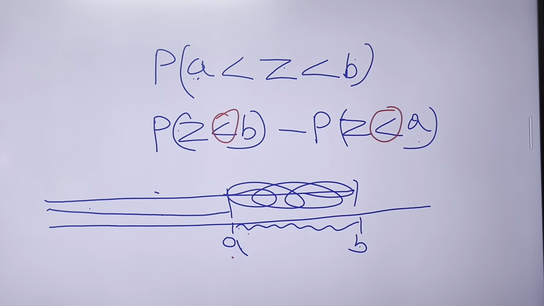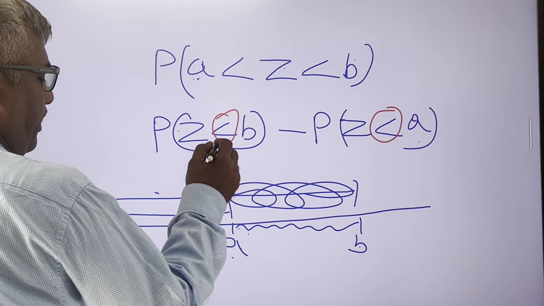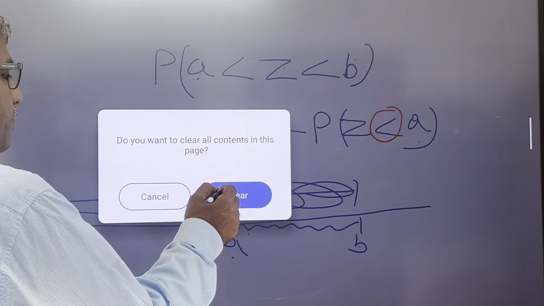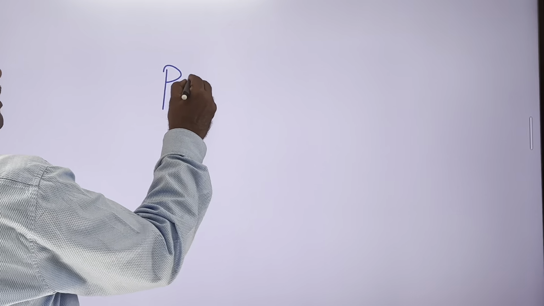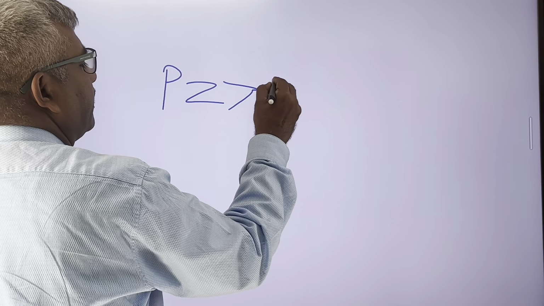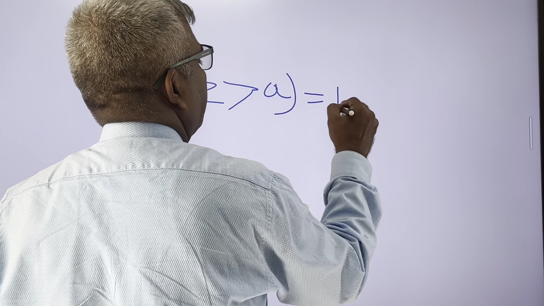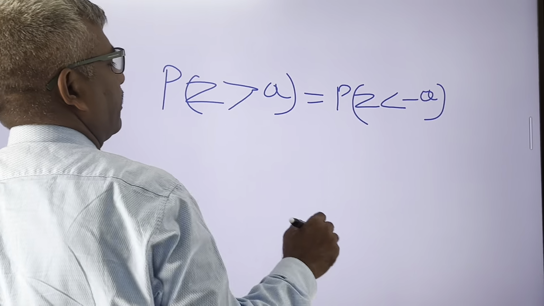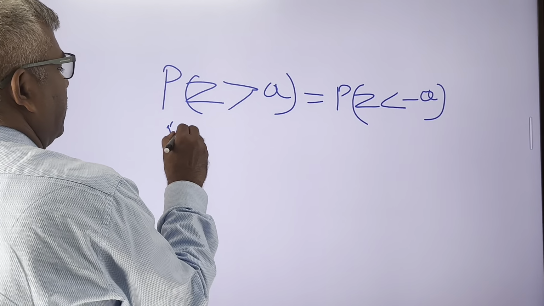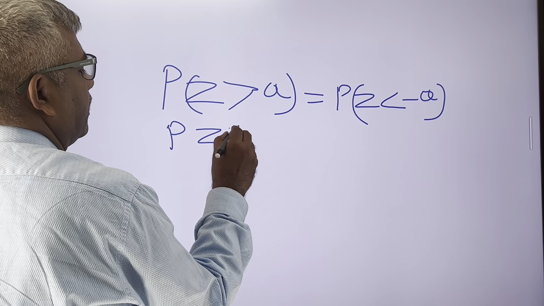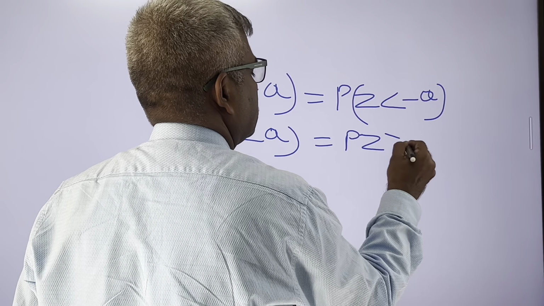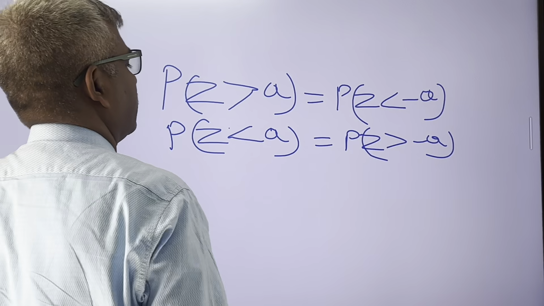You got it? This is a famous, actually there are three formulas. You can use it. One formula, probability of Z is greater than A is nothing but Z is less than minus A, or the reverse.